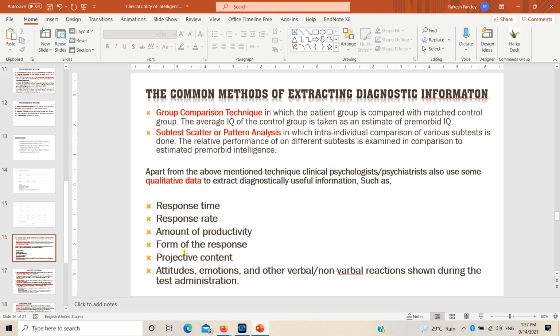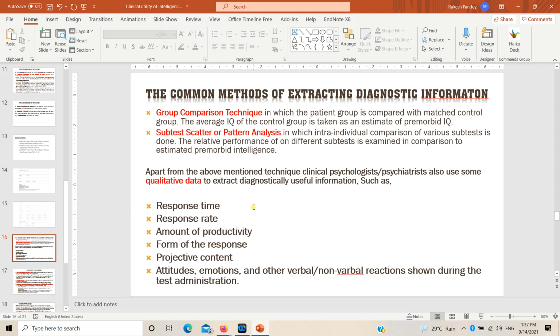Therefore, for the context, we must note the response time, because some individuals may take more or less, though not all intelligence tests are timed. Some tests are timed, but some tests do not fix any time. One can take as much time as he or she wishes.